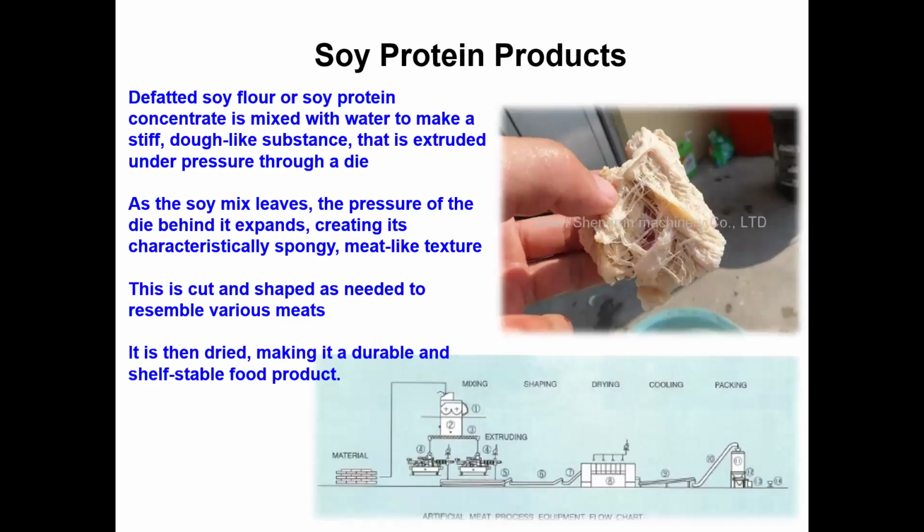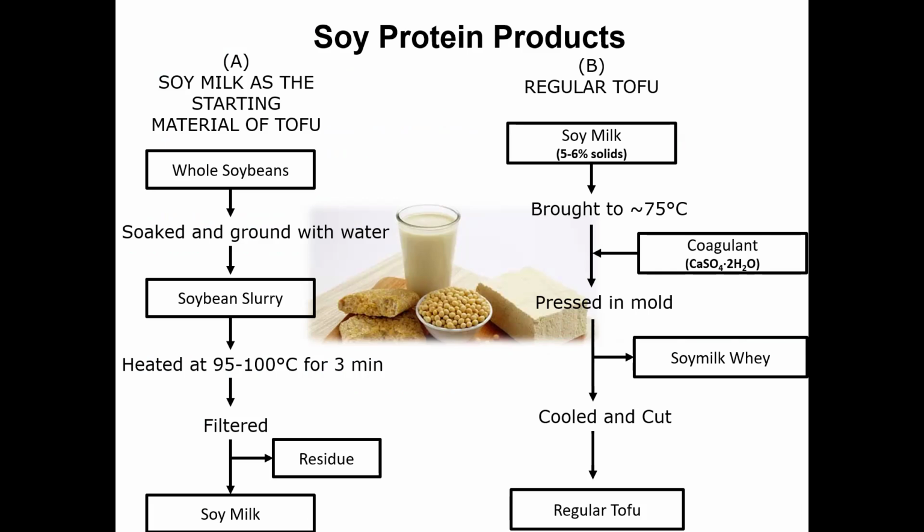I was just wondering, from the previous slides, where does the beany flavor of soy come from? What is it attached to? Is it the fat? Yeah, oxidation of the fat is mainly the big part of it. Even when they defat, there's a residual fat content of 1 to 2%, but it's enough to promote lipid oxidation.